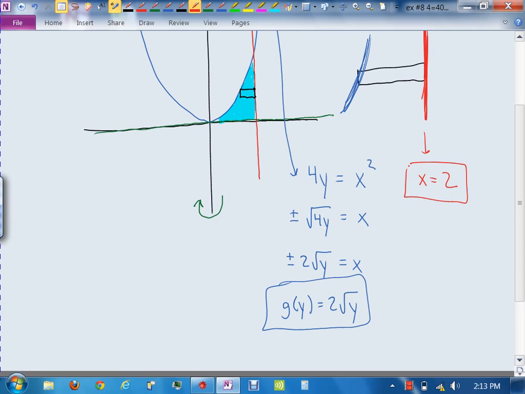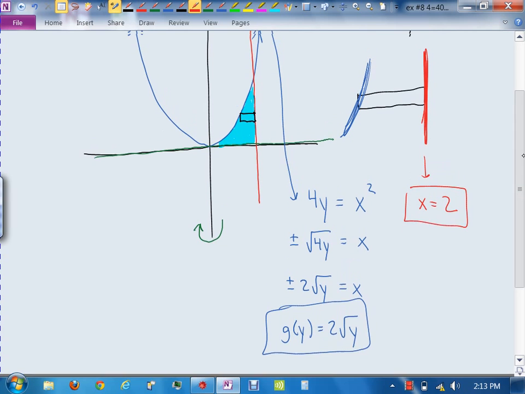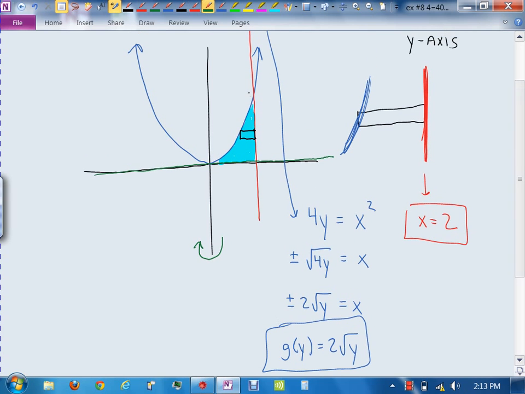Do we have our limits of integration? Do we have where they hit each other? So we have to hit here and then here, right? 0 to where? That's what we've got to figure out. So you set the two equal to each other. I'll do that over here. To find c and d, c is equal to 0. I got that. To find d, I set 2 root y equal to the other function, which was 2.